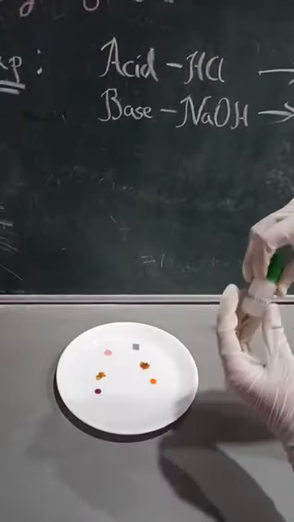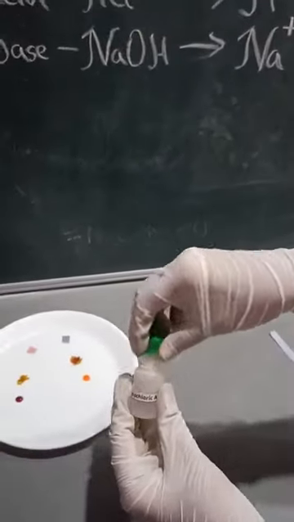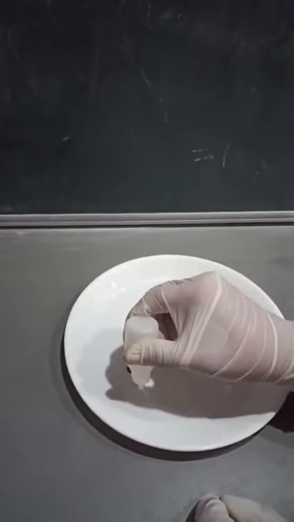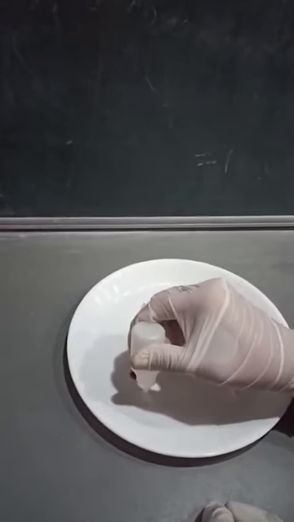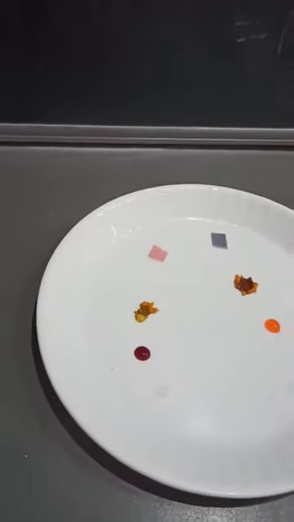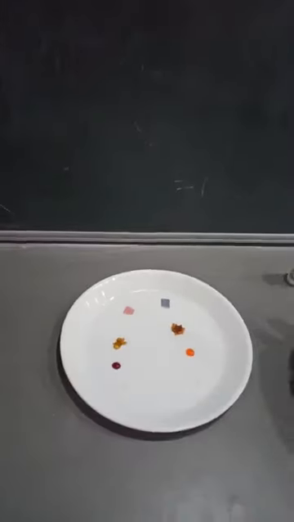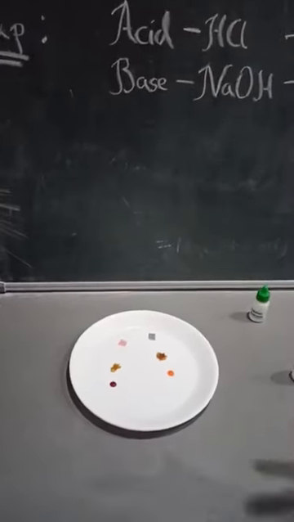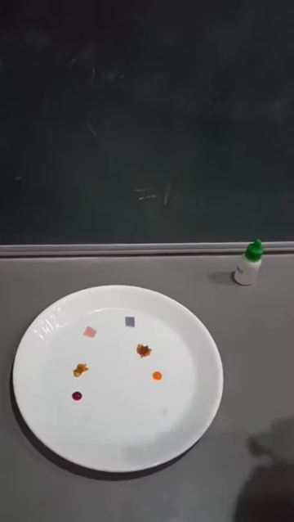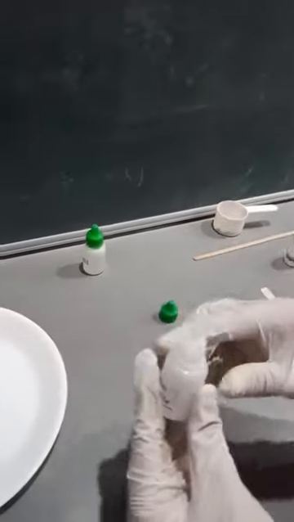Now I will take hydrochloric acid first. We may be a little disappointed that it is not showing any color, but by its nature, if it comes in contact with the acid, it stays colorless. So it will stay the same. Now I will take the base. Now let's see what the result is.